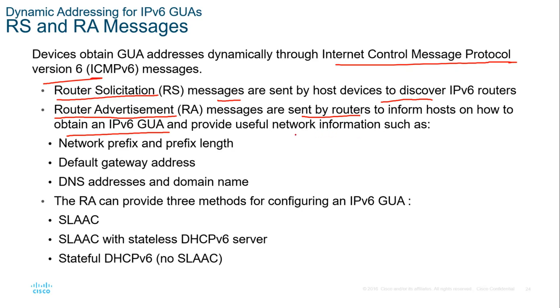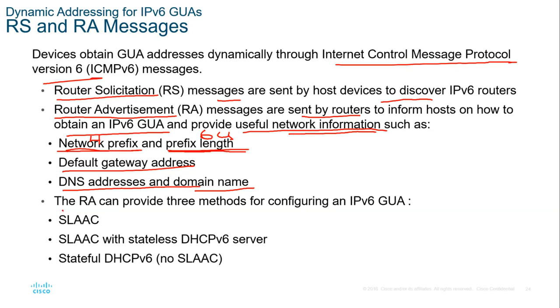The useful network information includes the network prefix and prefix length, the network portion and the length of that network portion. For example, if there are 4 extents here, then the prefix length will be 64. Then the default gateway, DNS address, and domain name.